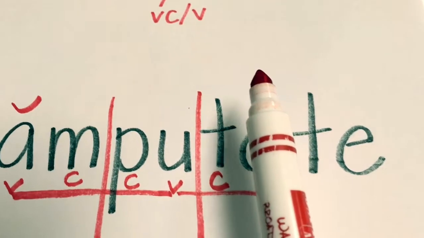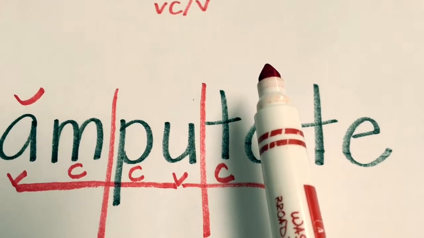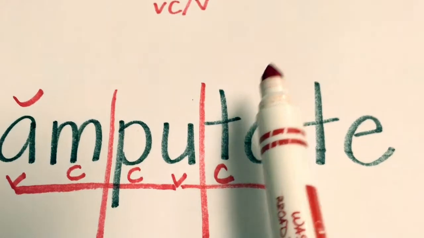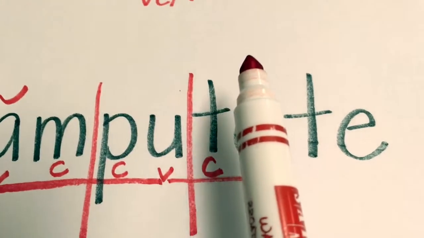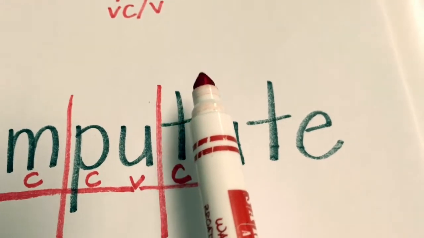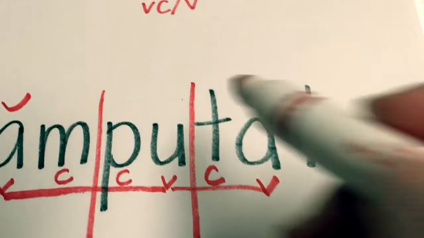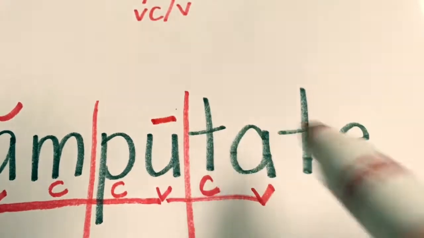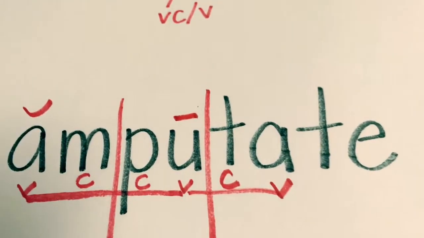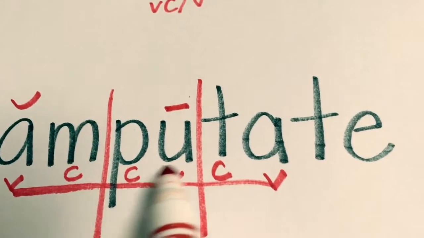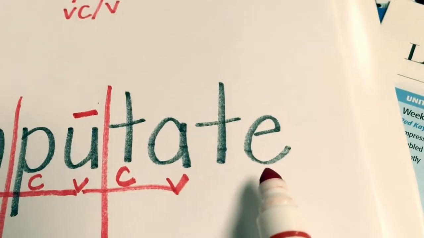Of course, I could come back and fix that if I needed to. Oh, I think I told you we would divide here. I'm sorry, we would divide either before the consonant or after the consonant here. Okay, so now I'm going to mark that vowel as long. Am, pew, and then I'll look at my last syllable.